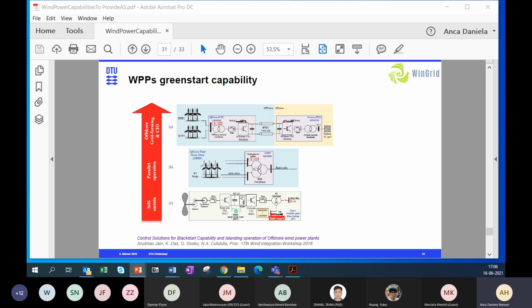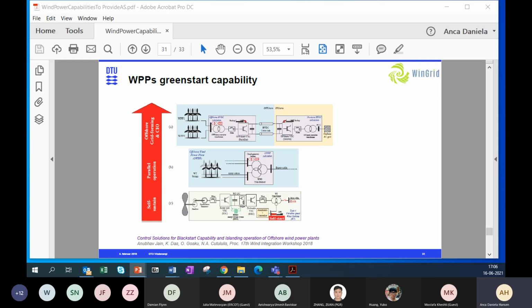And here are the different steps. As you can see, we have self-start of the turbine using internal backup power supply for initial energization of the components, so it starts to produce power from wind without depending on an external power supply.